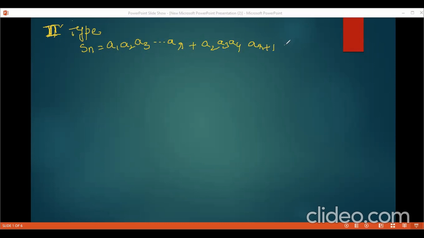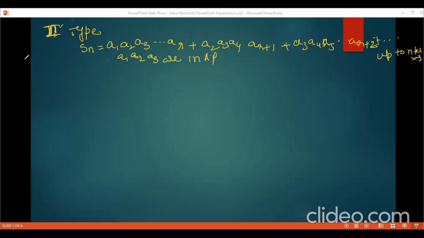Here we are taking directly the numbers, but the series is almost the same, so on ar plus 2, plus so on up to n terms. Now, where a1, a2, a3 are in AP. That is the condition we are taking.